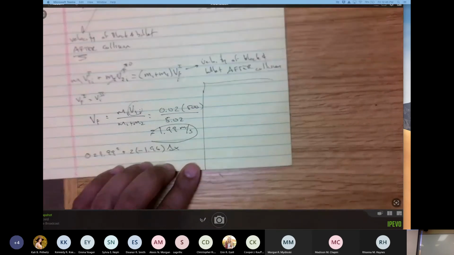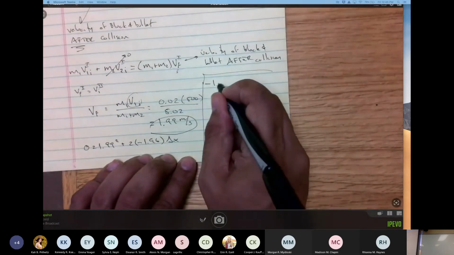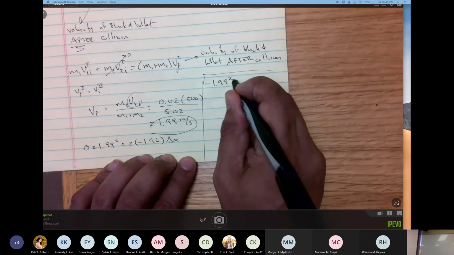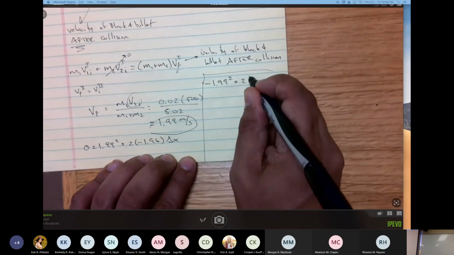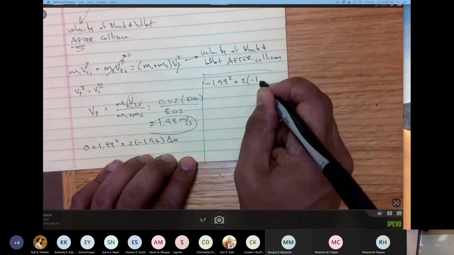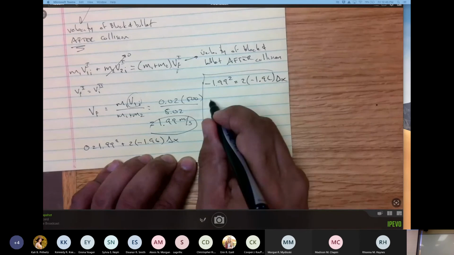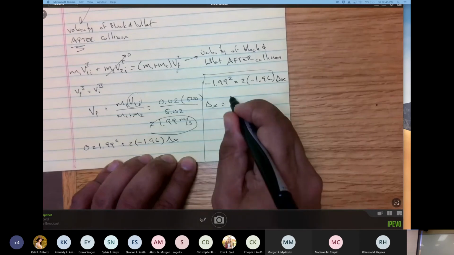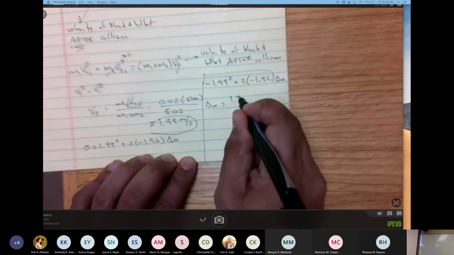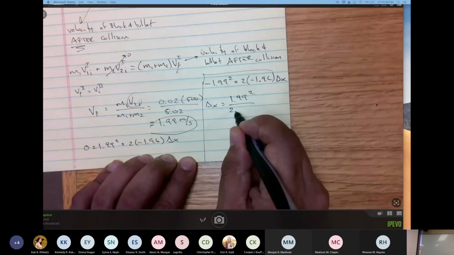Negative 1.99 squared equals 2 times negative 1.96 delta x.